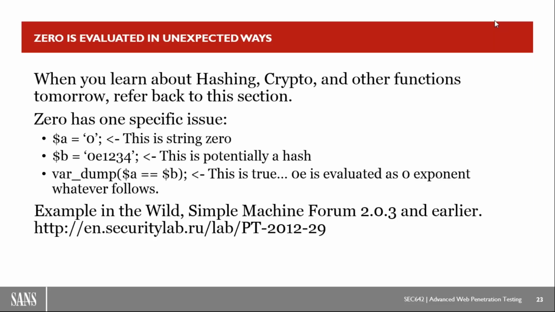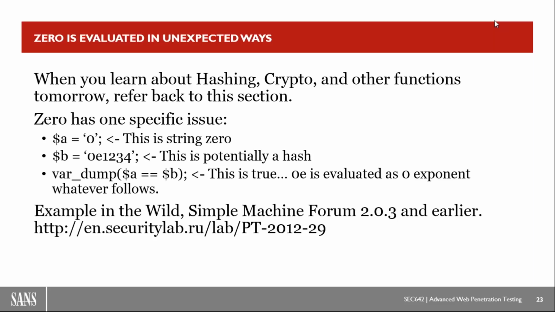The way that PHP would look at this is if you did a comparison between A and B using the two equals, so in other words, not a strict comparison, it would take the 0E, lob off everything after the E, and compare the 0. And if the 0 compared to 0, then it would be identical.